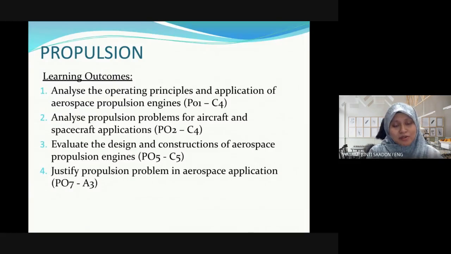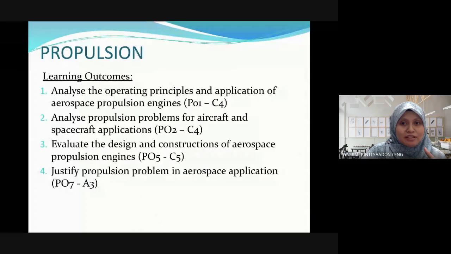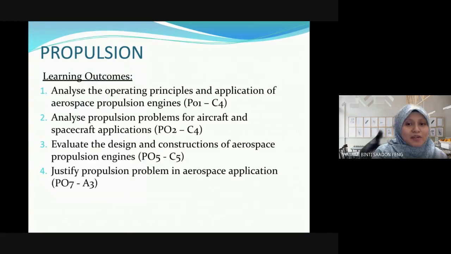There will also be some parts on spacecraft or rocket engines, but the majority of this course will contain the aircraft engine part. The third is to evaluate the design and construction of aerospace propulsion engines and justify propulsion problems in aerospace applications. Outcomes number 3 and number 4 you will learn through assignment.